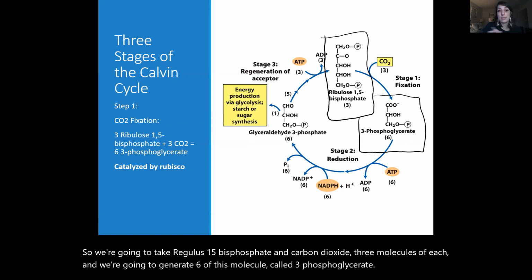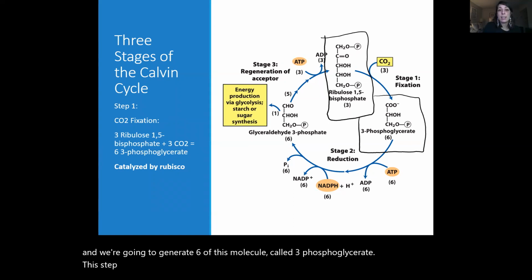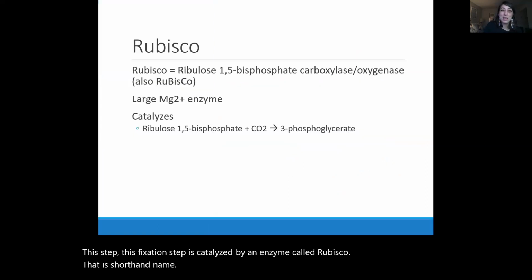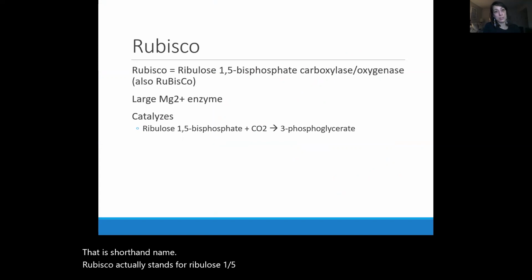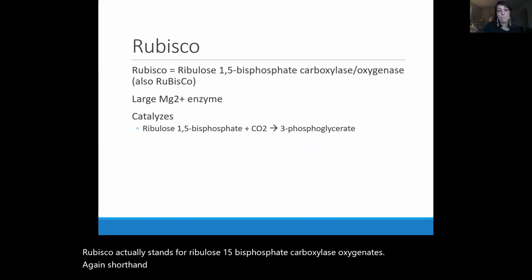This step, this fixation step, is catalyzed by an enzyme called Rubisco. That's its shorthand name. Rubisco actually stands for ribulose 1,5-bisphosphate carboxylase oxygenase. Again, shorthand, it's Rubisco. Rubisco is the enzyme that allows this first step to happen.